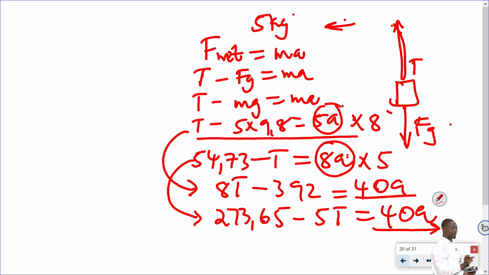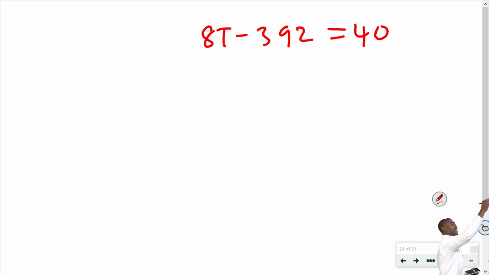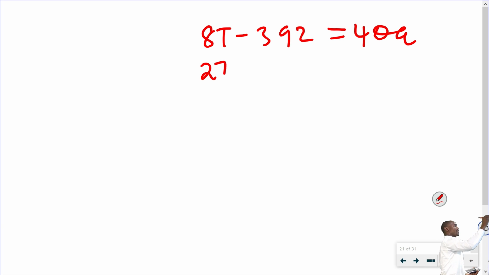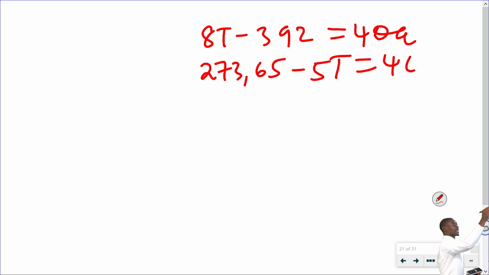I'm having 8t minus 392 equals to 40a, right? And then the second one, I'm having 273.65 minus 5t equals to 40a. So both equations equal 40a.